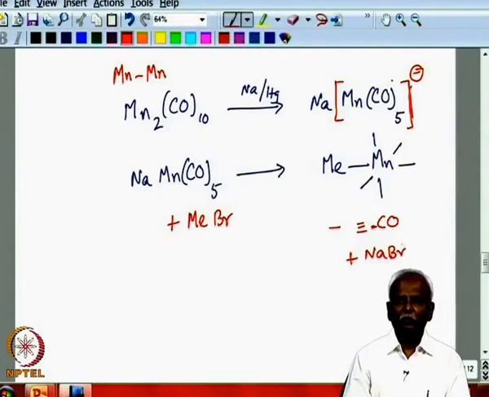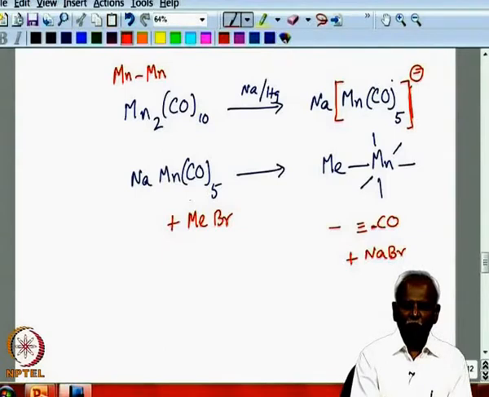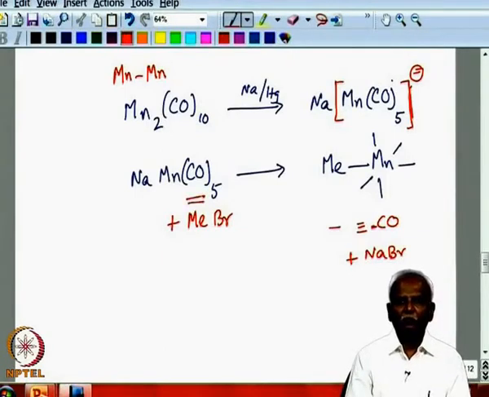So, this is a reaction which can be carried out if you have an anionic metal species, and it is not uncommon in organometallic chemistry to have anionic species, because the negative charge is stabilized by the 5 carbon monoxides which are present on the manganese. They can accept electron density and stabilize the negative charge on the metal.